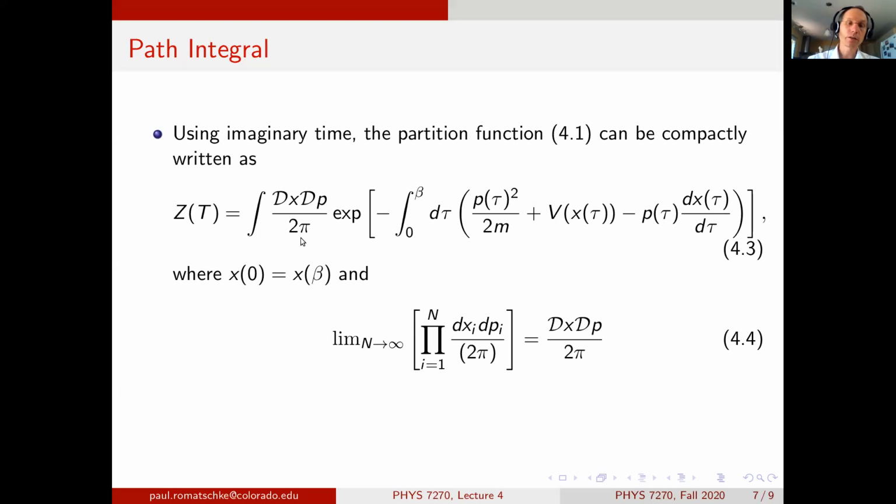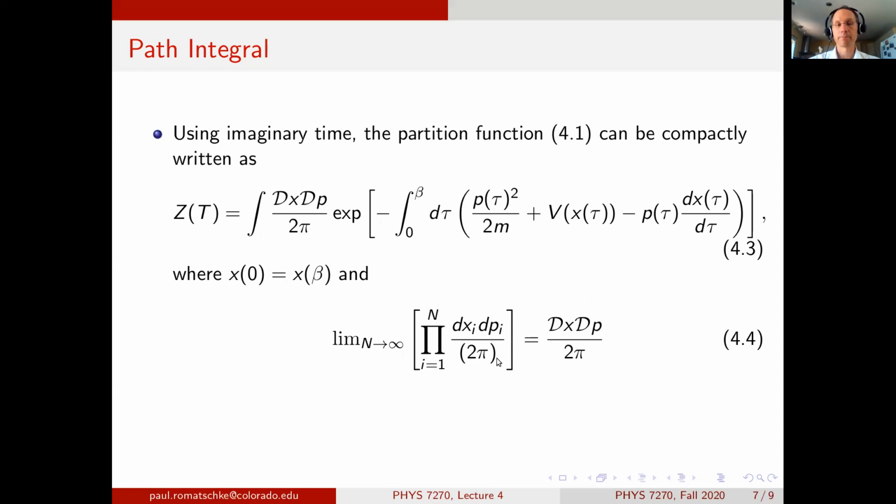The integrals that we had in the measure here are written in terms of this calligraphic dx and dp, where the meaning of these calligraphic symbols is the limit n to infinity of the product i from 1 to n of these individual integrals divided by 2 pi.